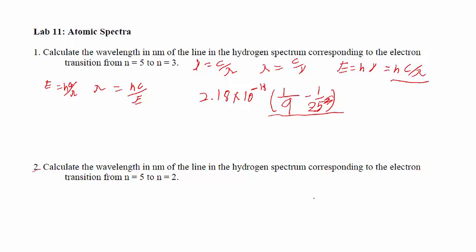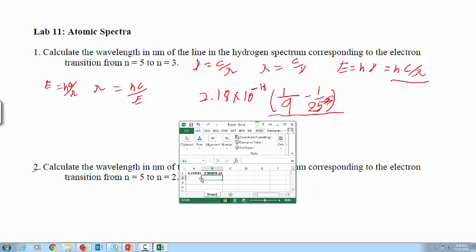Now, let's Alt-Tab over to this, get rid of this, and call it 1 over 9 minus 1 over 25. It's going to make a big difference. Let's see what we get. Yeah, so that's 0.07, and this is 1.55 times 10 to the negative 19.